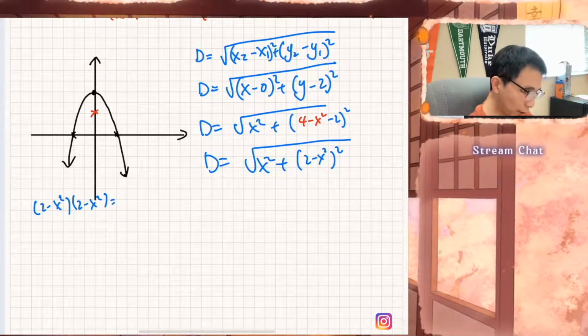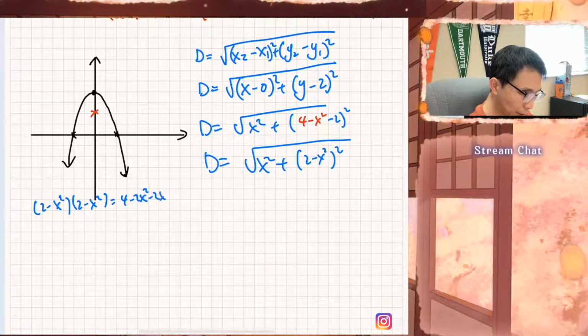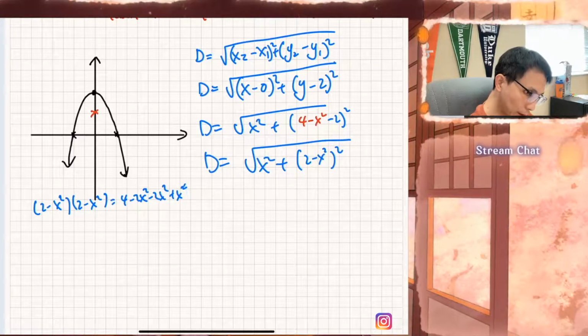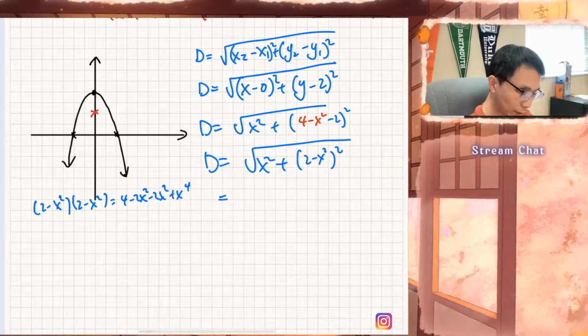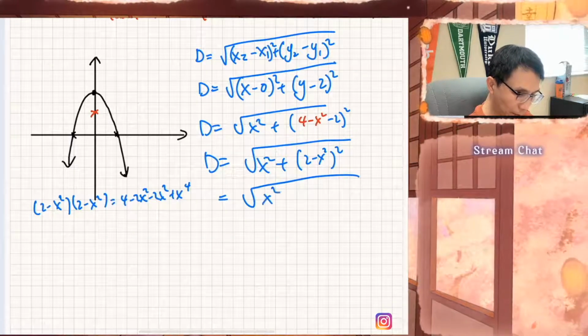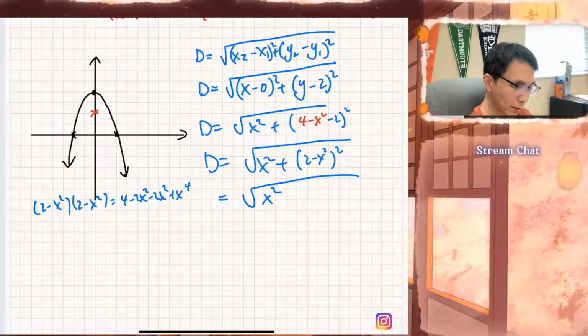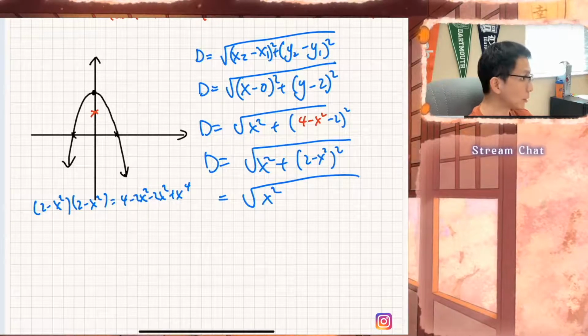Make sure you do it right. 2 times 2 is 4, minus 2x squared, minus 2x squared, plus x to the 4th. Am I going too fast here? Let me know if I am. I expand this. Do not kill a puppy by saying 4 minus x to the 4th.